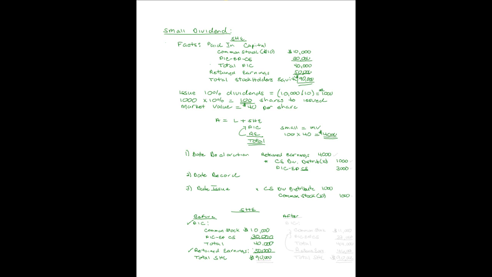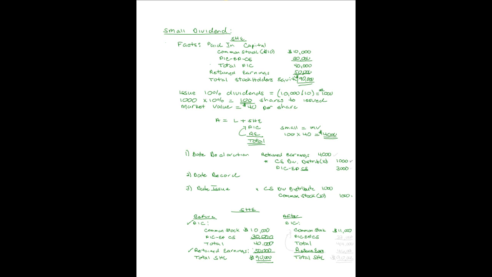Let's see what it looks like after. After the dividend, my paid-in capital will have more common stock. It started at $10,000, and as a result of this entry, it went up by $1,000, so it will be at $11,000. Paid-in capital in excess of par started at $30,000.